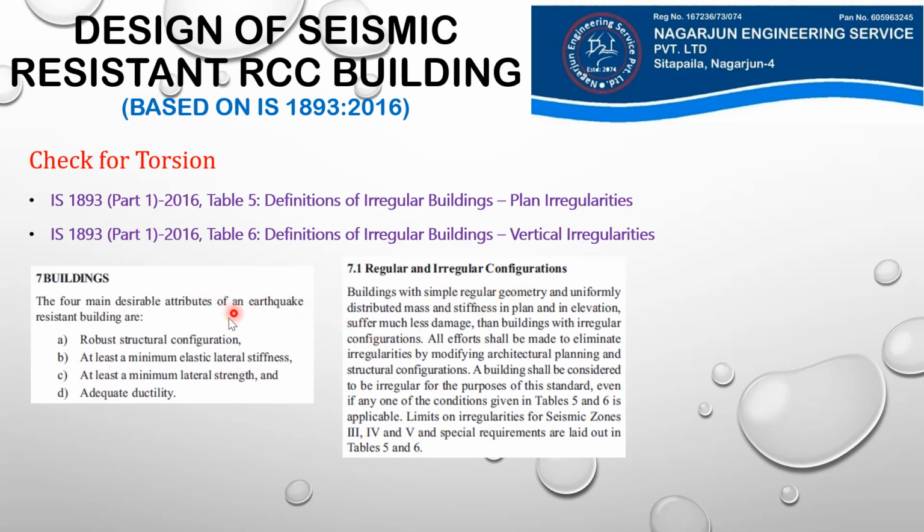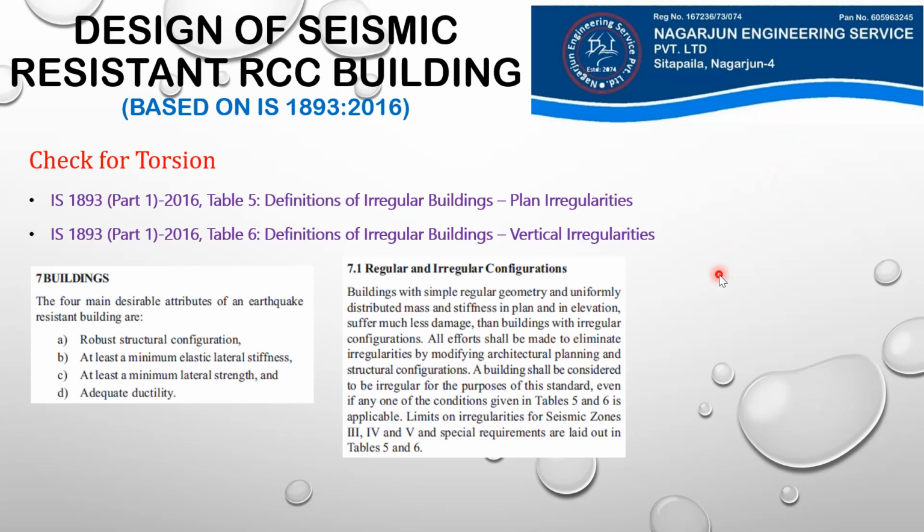So Clause 7.1 continues. Buildings with simple regular geometry and uniformly distributed mass and stiffness in plan and in elevation suffer much less damage than buildings with irregular configurations. All efforts shall be made to eliminate irregularities by modifying architectural planning and structural configurations.